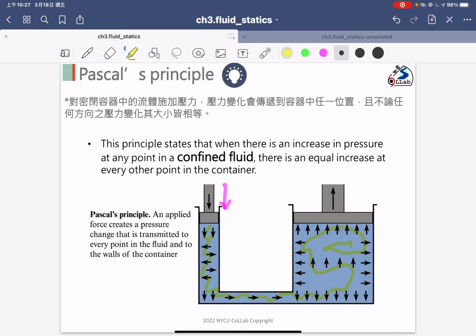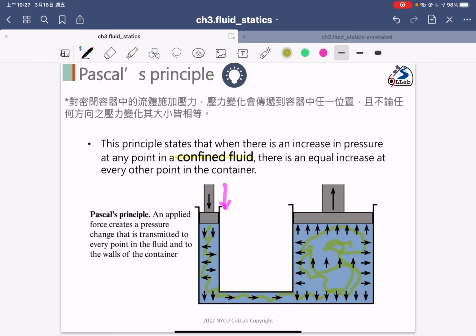Because this is a confined fluid, the pressure change propagates through all fluid material with the same magnitude and in all directions.